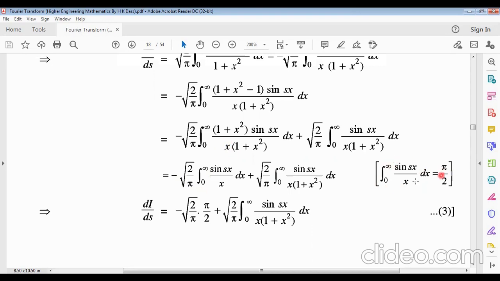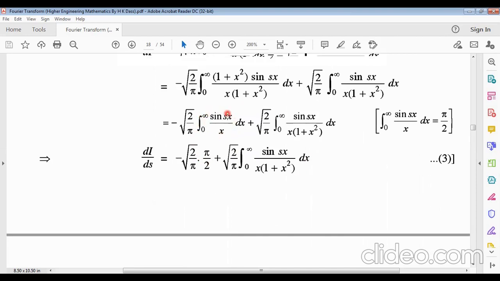We must know this formula: integral 0 to infinity of sine sx by x dx equals pi by 2. We must know about this integration. Using it, the factor 1 plus x square cancels, so we get only sine sx divided by x, plus root over 2 by pi, integral 0 to infinity of sine sx divided by x into 1 plus x square.